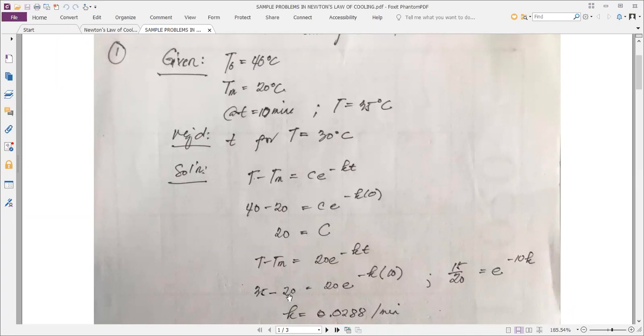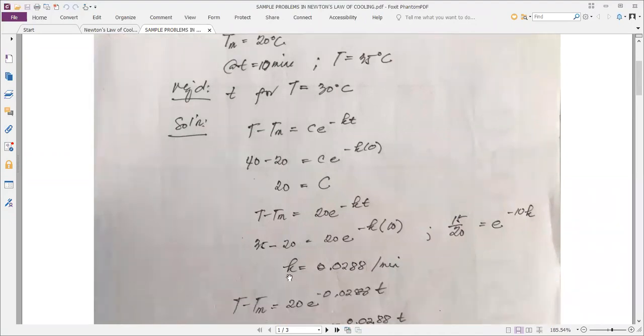You will need to subtract the same medium temperature, which is 20, because there was no mention in the problem that your body was transferred to a different environment. Then your T sub M would still be 20. Then it's equated to 20 e raised to negative k, and you substitute the time here, which is 10 minutes. Now, in the process, you'll get the cooling rate constant value of 0.0288 per minute. So it is very important that when you write solutions, especially if it's an open-ended problem, you have to indicate the correct units.